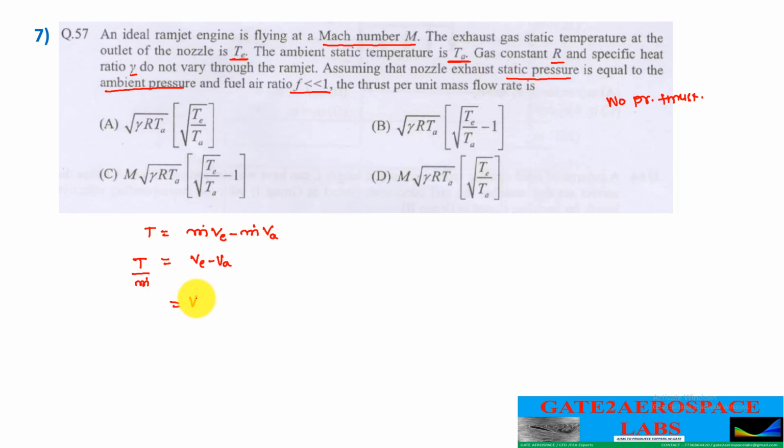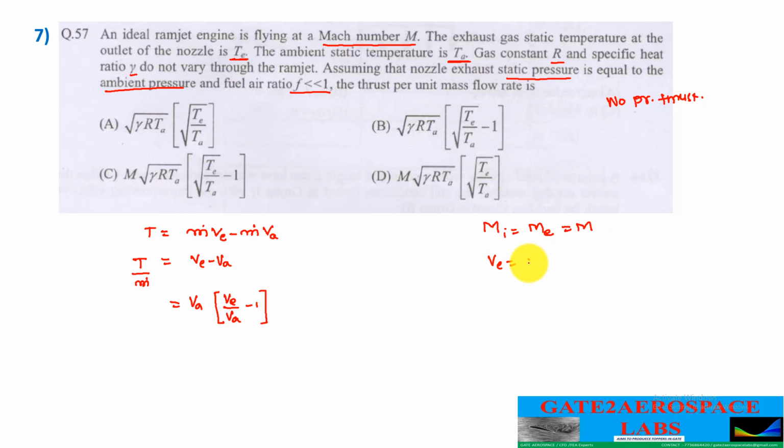Now if I take VA as common, then it will be VA into (VE by VA minus 1). Now we know that for a ramjet engine, Mach number at inlet will be equal to Mach number at the exit. Correct? That means we say it is M.